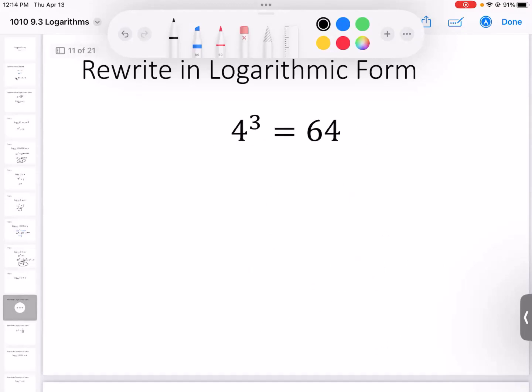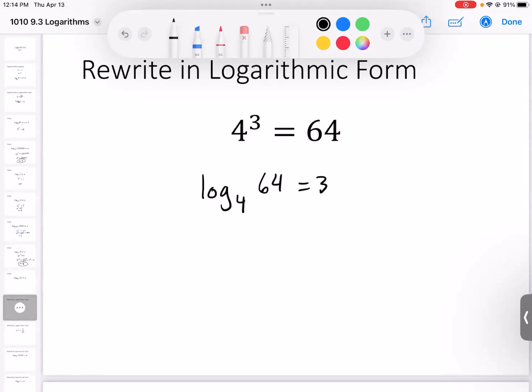So some of the problems on your homework, they'll give you an equation like this. You don't need to solve for anything because there's no variables, but what they'll ask you to do is rewrite it in logarithmic form. So in this case, what would the base of our logarithm be? 4. And then I would take log base 4 of what number? Yep, 64, and this would equal 3, because remember, logarithms calculate out what the exponent would be.